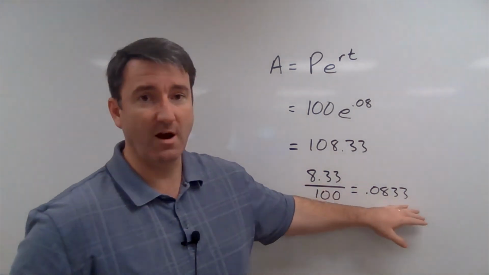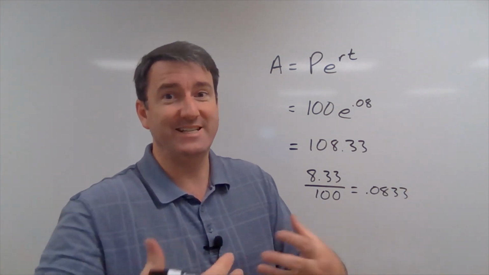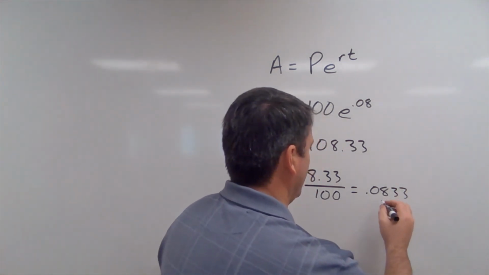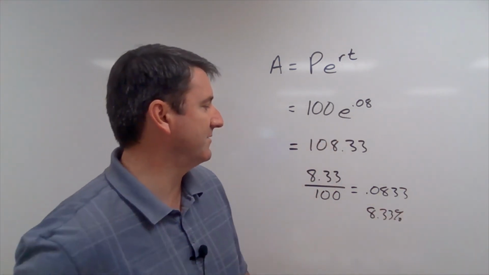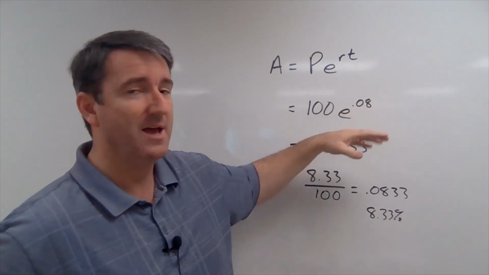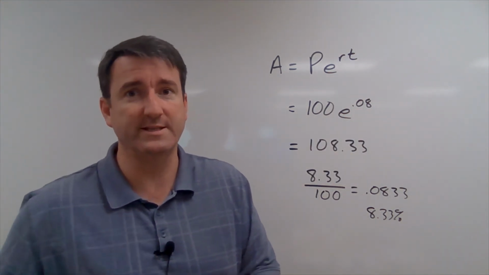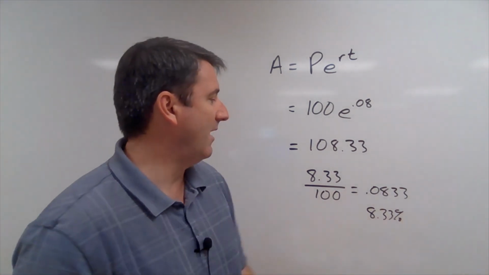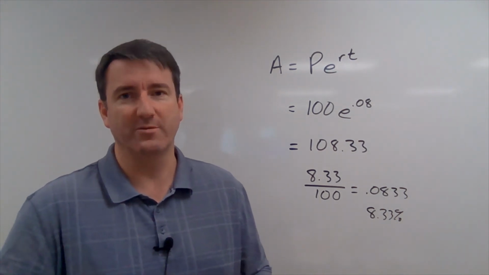So our effective interest rate, or our annual percentage yield, is 8.33%. So our APR is 0.08, but because we were compounding this interest more than once in a year, our APY is going to be slightly higher. It's 8.33%.